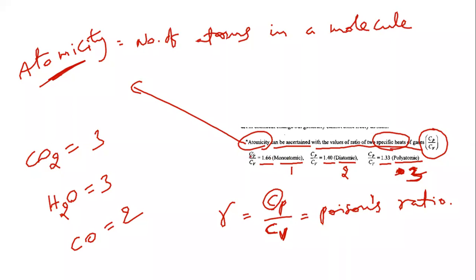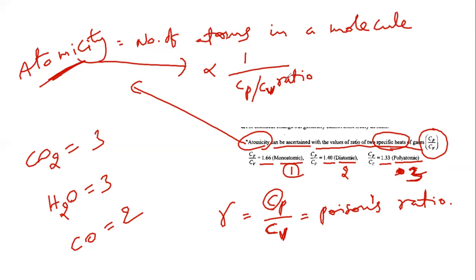Now, what is the relation between the Cp by Cv value and atomicity? 1.6 is a greater value. If the Cp by Cv ratio is greater, atomicity is lesser. So atomicity is inversely proportional to the Cp by Cv ratio, called the specific heat ratio.